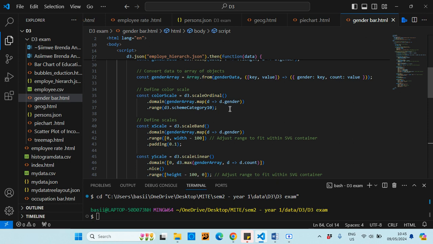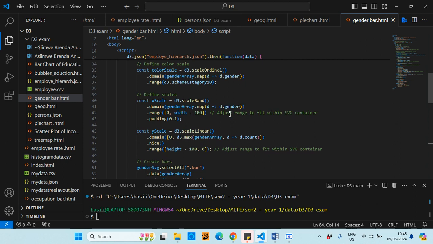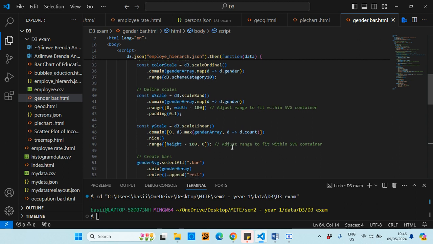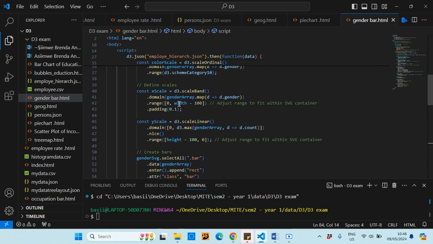Then we define the x and y axis, and then the range, zero to width minus, where we're just adjusting so that the graph is able to fit into the scale that we designed, into the SVG container that we declared up.